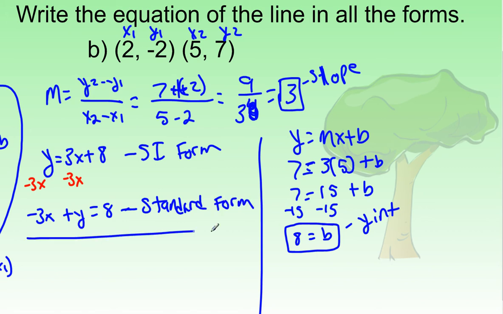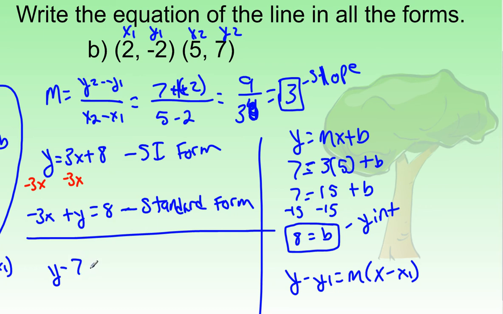Eighth graders, you can stop here. Bonus. Point slope form is y minus y1 equals m times x minus x1. So I'm going to use the second point because they're both positive. So y minus the y value equals slope times x minus the x value.